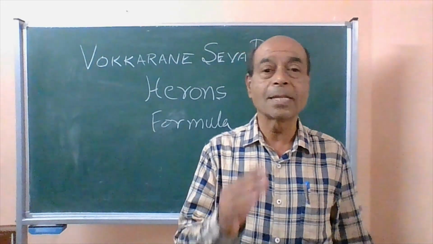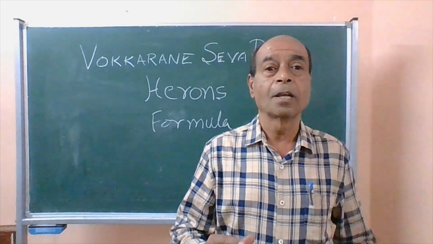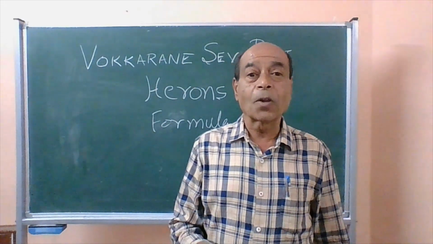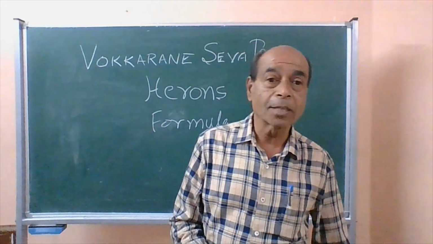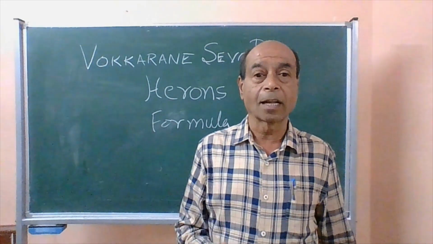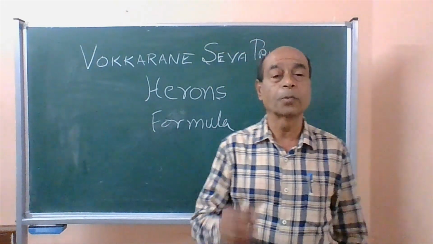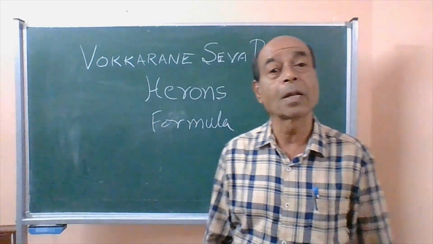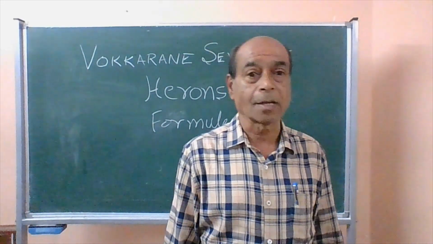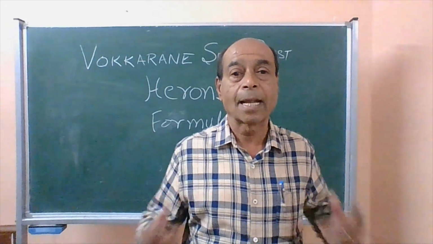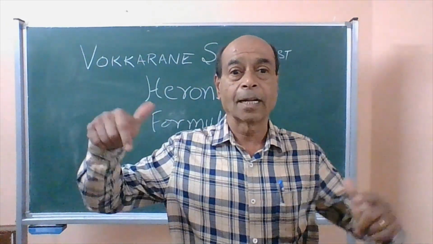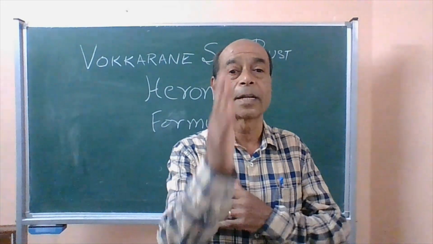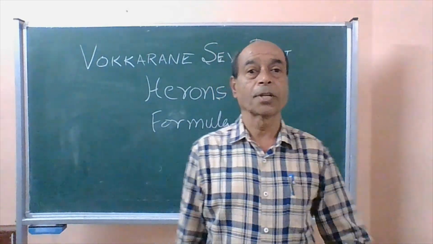Heron's formula basically is used when we can only measure the lengths of the triangle, and we have information about the lengths only, not any other information. For example, in a large triangular park, you can measure the length along the sides, but you cannot measure the angle, you cannot measure the vertical height, all those things.